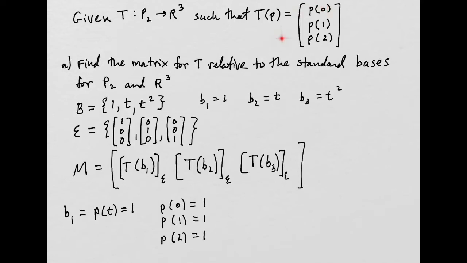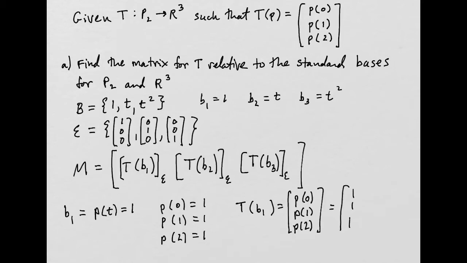So I'm evaluating all of these polynomials here that are in the function rule, if you will, for T. So then I can say T of b1 is going to be p of 0, p of 1, p of 2, and I just get 1, 1, 1.